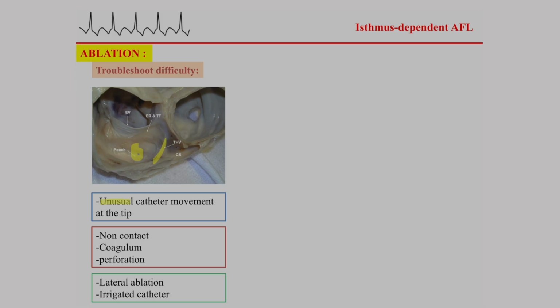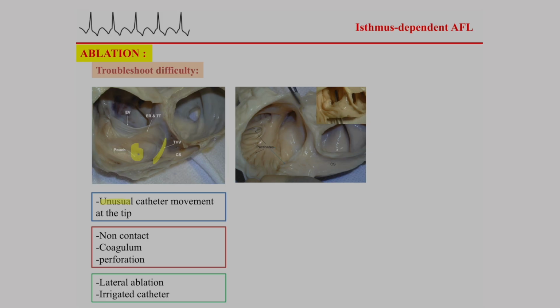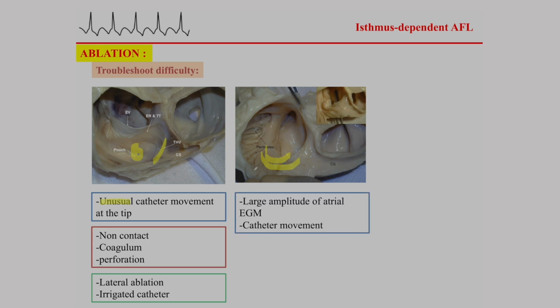The second variety is the extension of the traversing pectinate muscle through the CTI, giving more thickness for the central isthmus. So we can recognize it by a large amplitude of atrial AGM, and also the catheter movement that is stuck between two pectinate muscles.